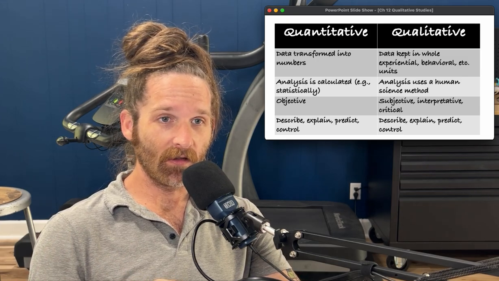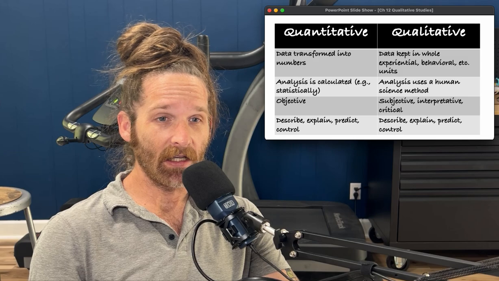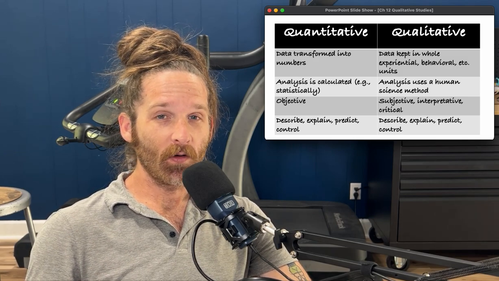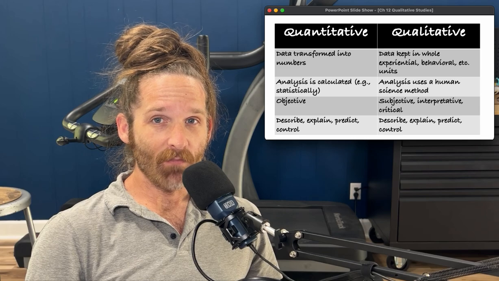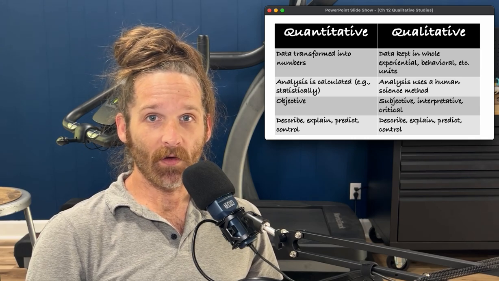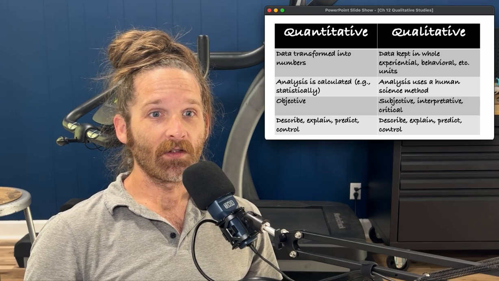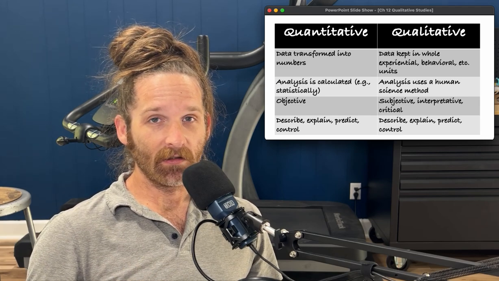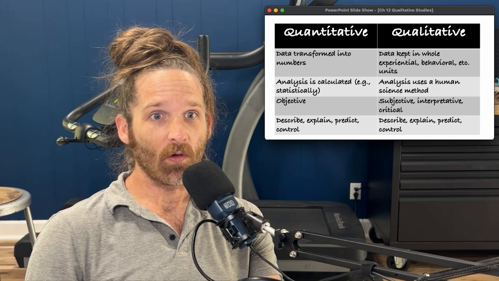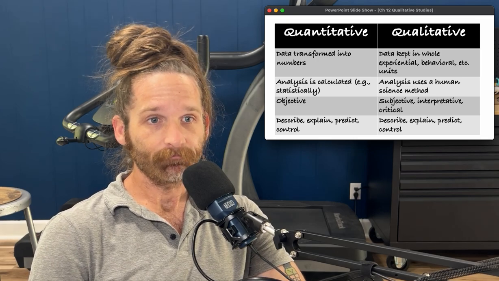Those are quantitative analytic approaches, very clean and tidy. Qualitative approaches require the use of a human science method, and so those are a little bit different from quantitative or statistical methods. And so I'll go through some of those analytic methods, but there are steps to follow, and there are ways to do qualitative research rigorously.